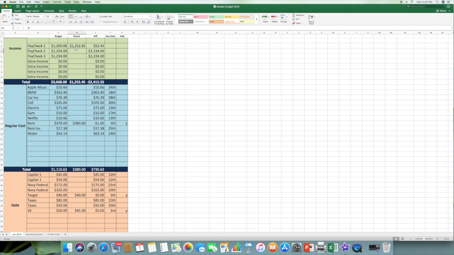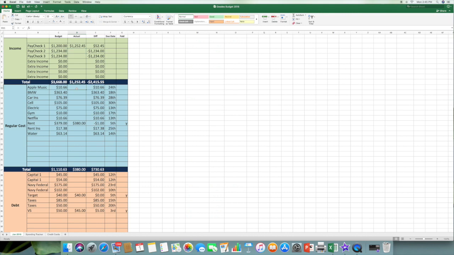So, say each paycheck came in exactly the same for the rest of the month. Then it lets me know that I budgeted for $3,668. I actually came home with $3,720.45, which is a difference of $52.45. Okay? So I'm just going to delete these because this has not occurred.